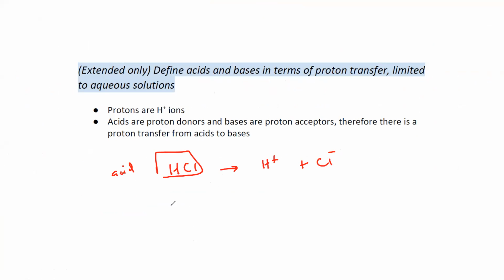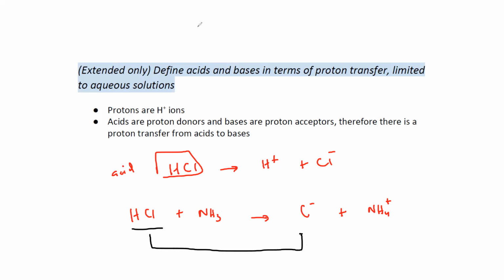And if something accepts a proton, for example, in a reaction between HCl and NH3, when they react, they form Cl minus and NH4 plus. When we check the change, first it is HCl, then it changes to Cl.